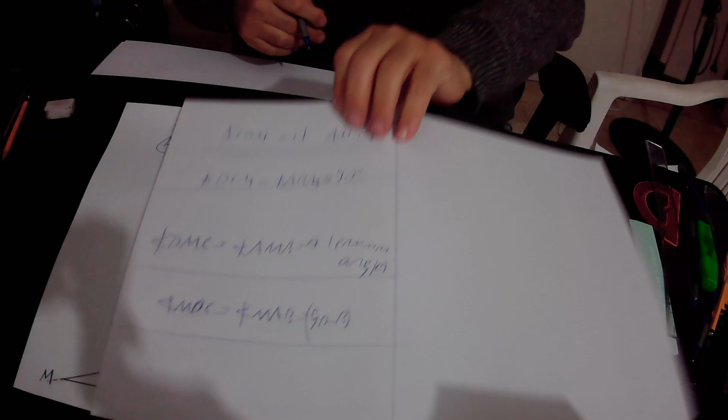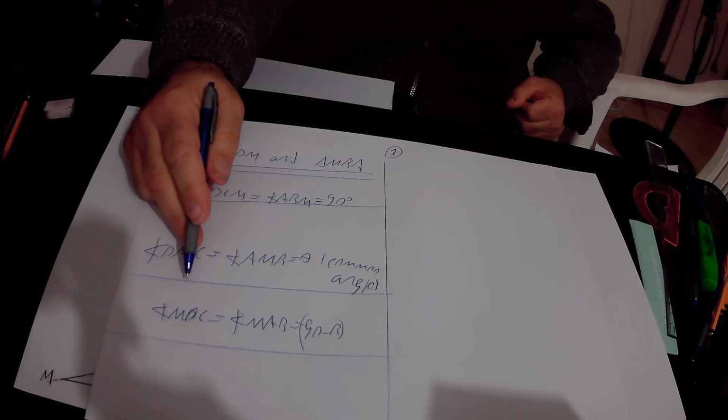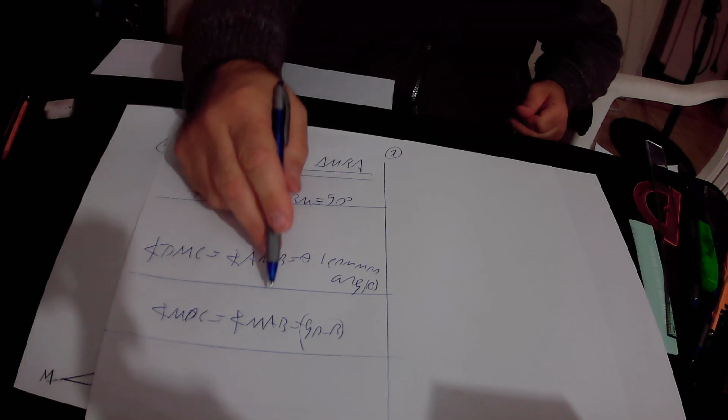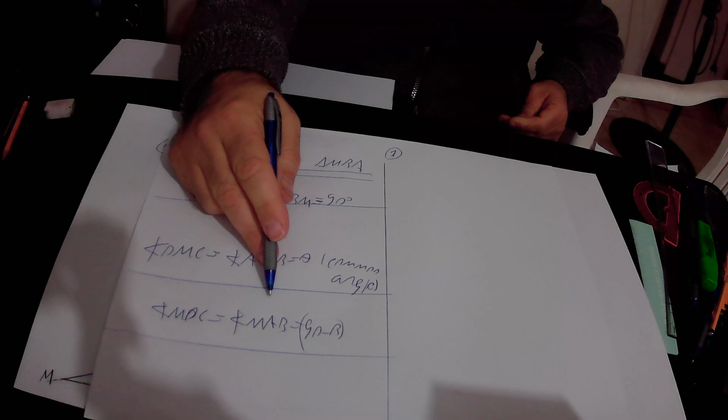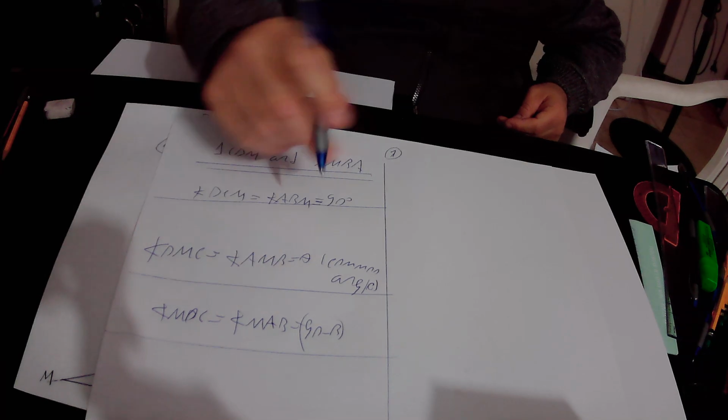Again, angle MDC in the right big triangle CDM equals angle MAB in the right small triangle MBA. They are both equal to 90 degrees minus theta, therefore they are equal to each other.